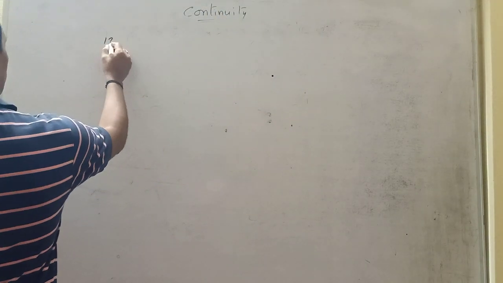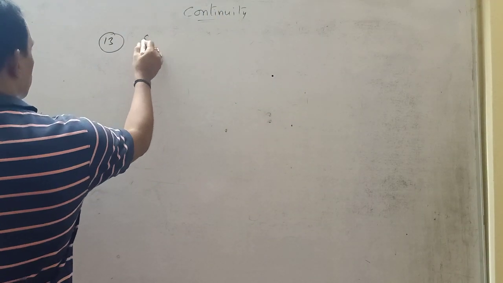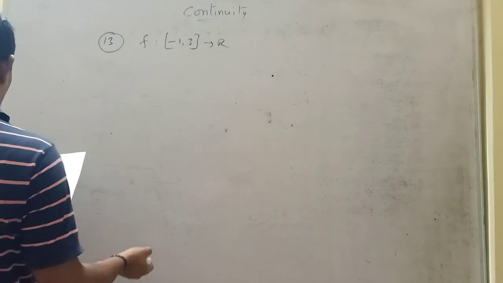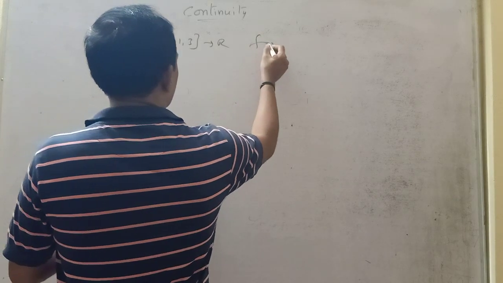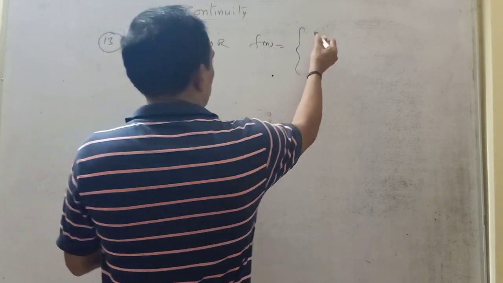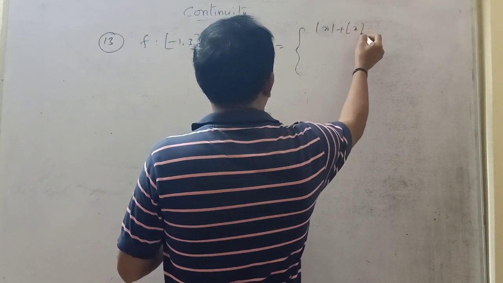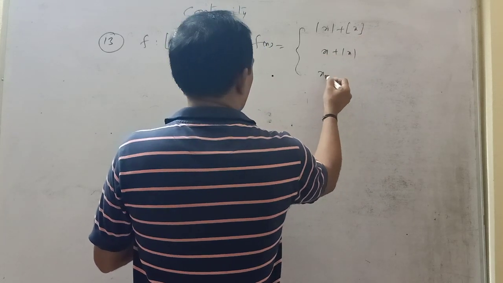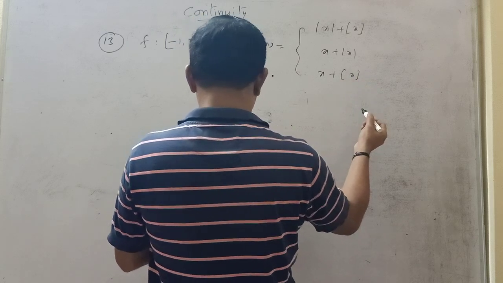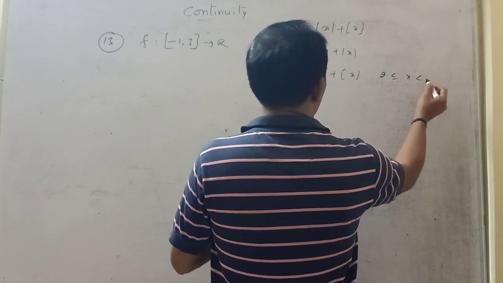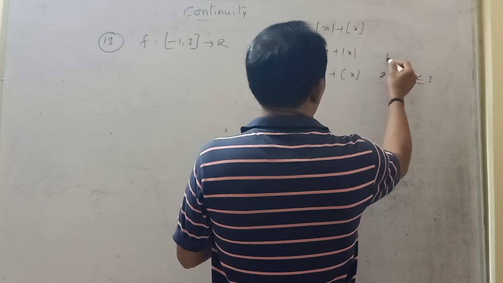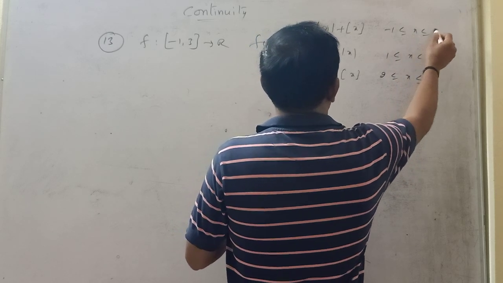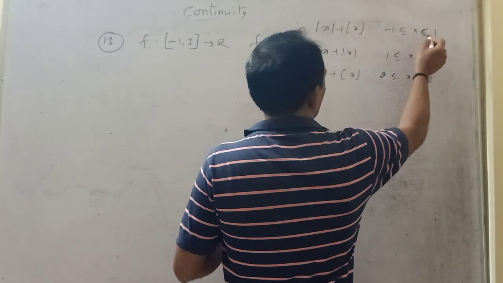13th question. f maps from minus 1 to 3 to R, and f of x is defined in 3 cases: mod x plus step x, x plus mod x, and x plus step x, for 2 less than or equal to x less than or equal to 3, 1 less than or equal to x less than 2, and minus 1 less than or equal to x less than 1 only.